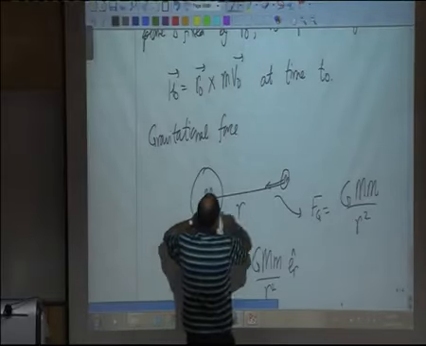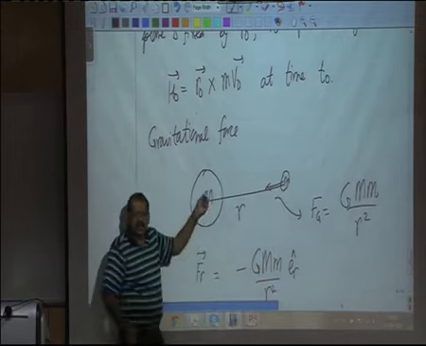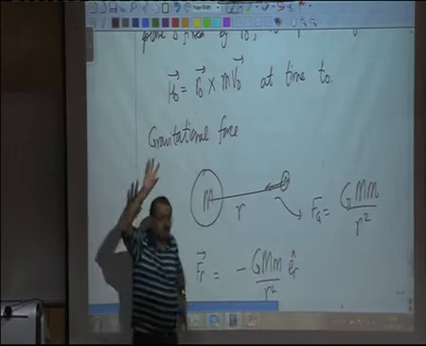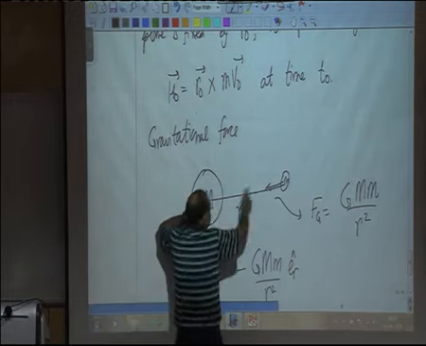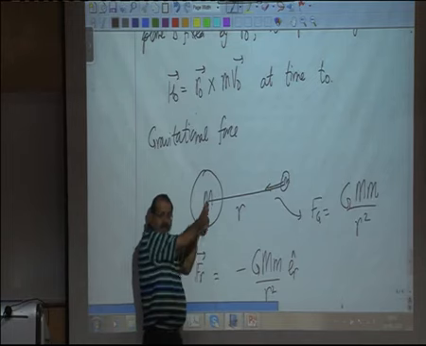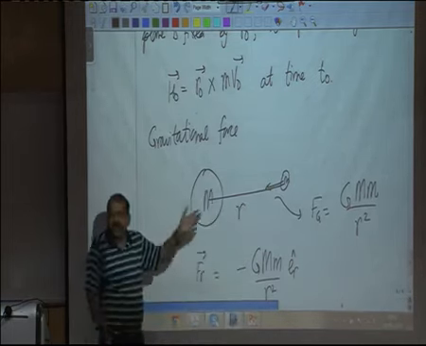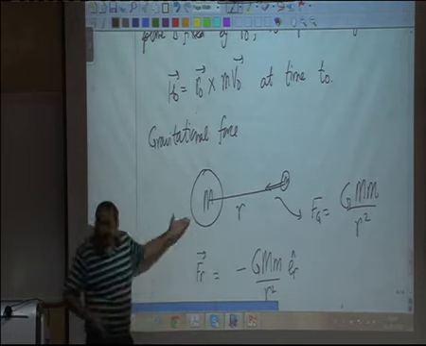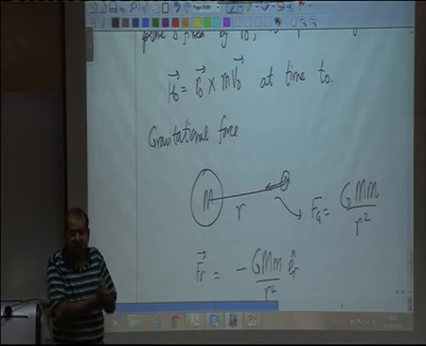So now, if this is the sun and this is the planet, the only force the planet sees is a gravitational force which is directed toward the center of the sun. So as the planet moves in its path, this is a central force motion, so its angular momentum will be conserved about the sun.